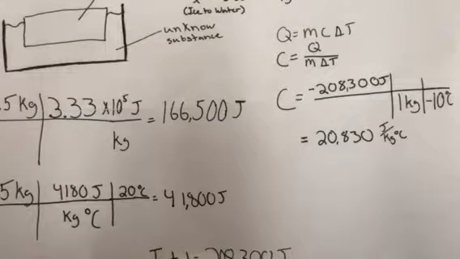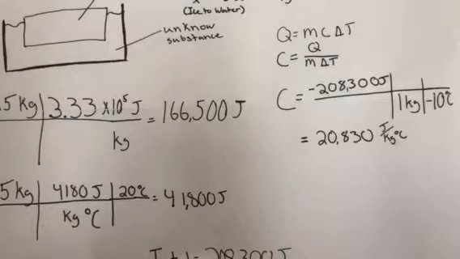So now we know how much energy it takes to melt the block of ice into a liquid and raise that liquid to 20 degrees Celsius. We know how much energy the unknown liquid has to give off. So we're not going to use Q equals mL, because we don't need to know the latent heat, and the unknown substance never changes phases.